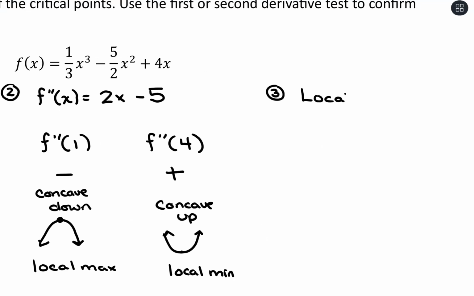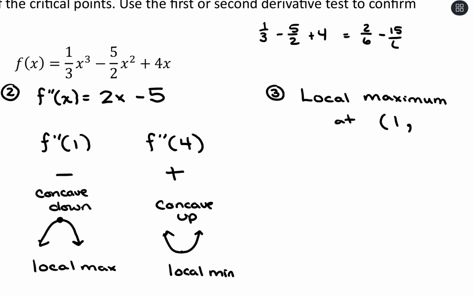So we have a local maximum at the coordinate 1, and then we'll have, let's see, a third minus 5 halves plus 4, when we plug in a positive 1 for x. And let's see, that'll be 2 over 6 minus 15 over 6 plus 24 over 6. Okay, so a negative 13 plus 24 for 11.